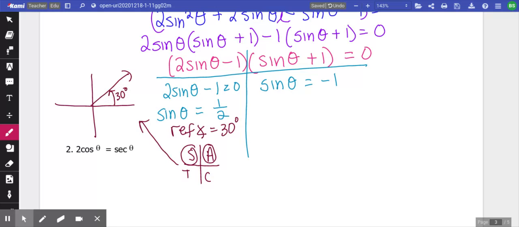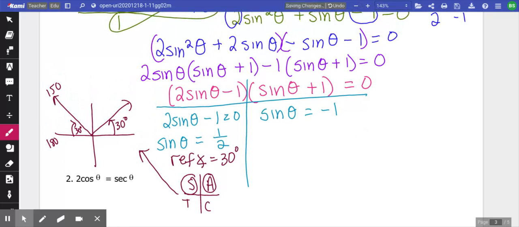And in the second quadrant, theta is equal to 150. Okay, so we have theta is equal to 30 and 150 so far.